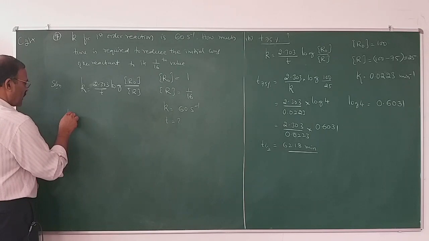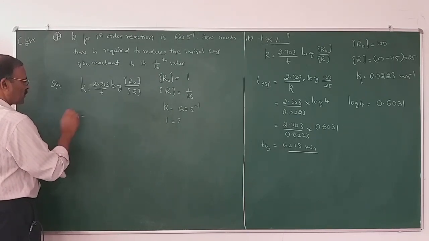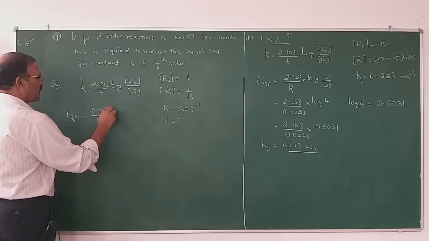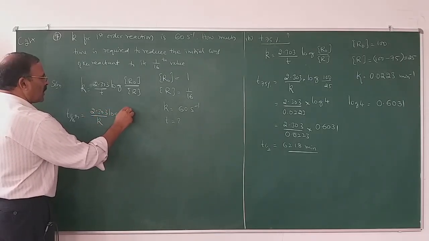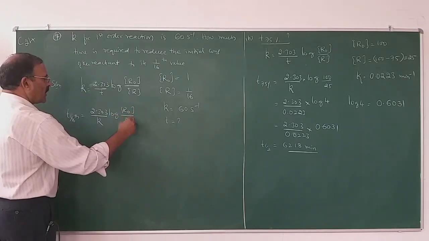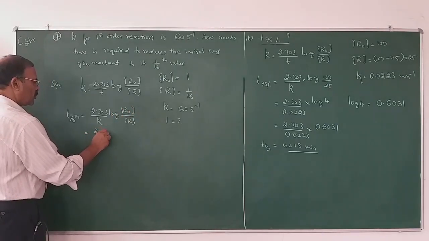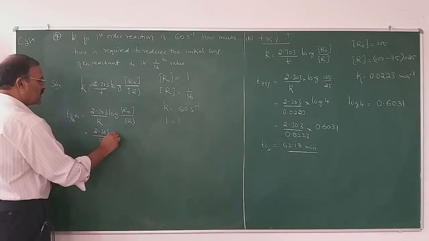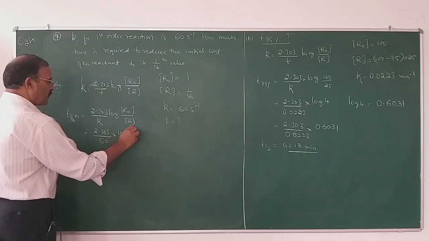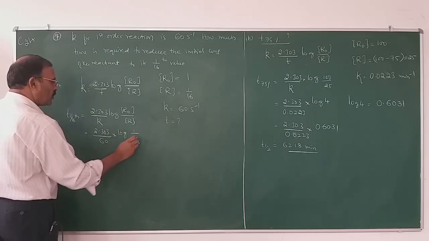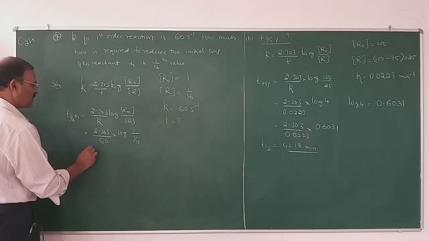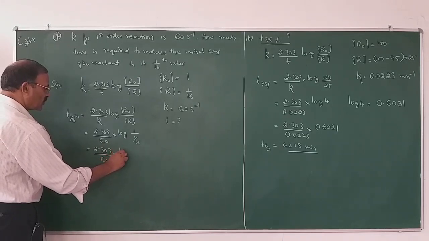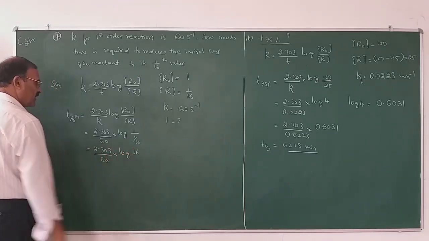Time for 1/16 equals 2.303 divided by K log of R naught divided by R. So this equals 2.303 divided by 60 into log of 1 divided by 1/16, which equals 2.303 divided by 60 into log of 16.